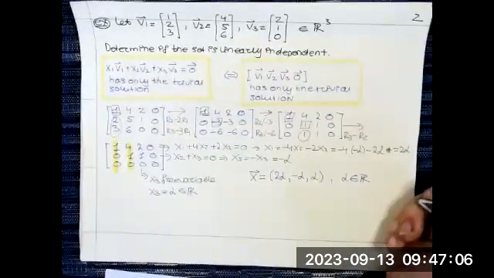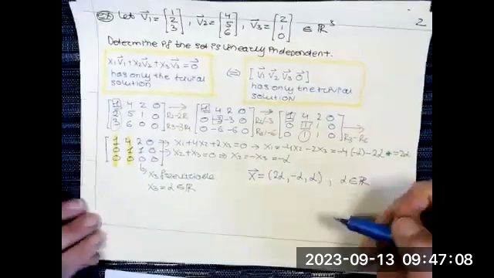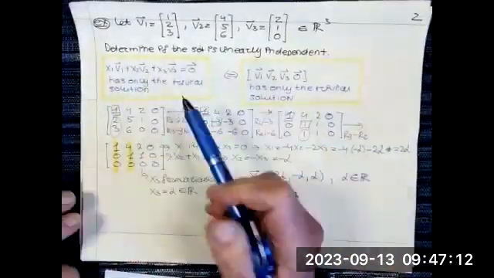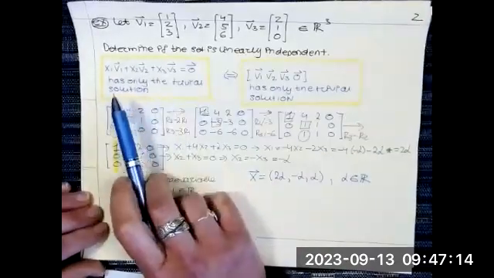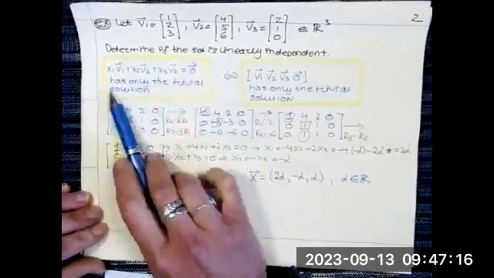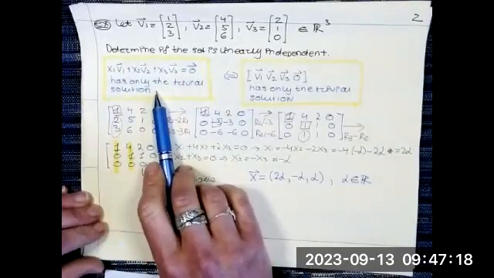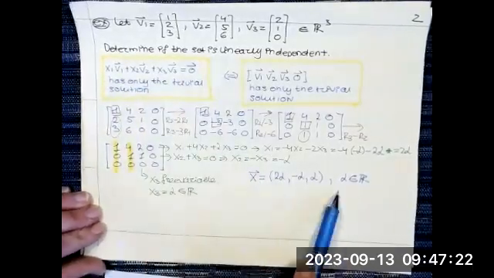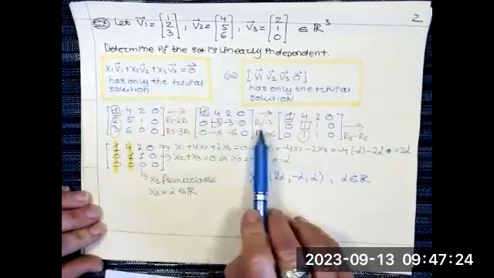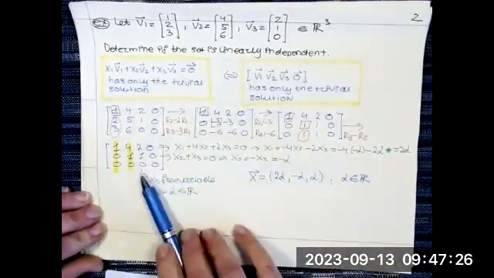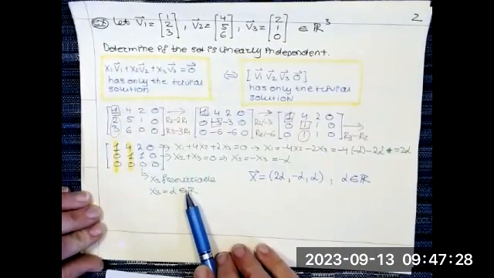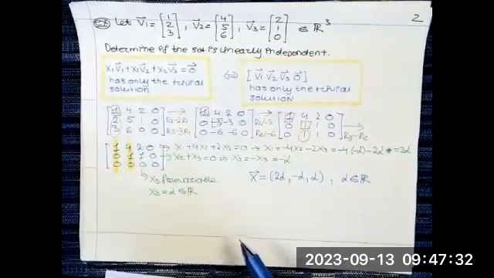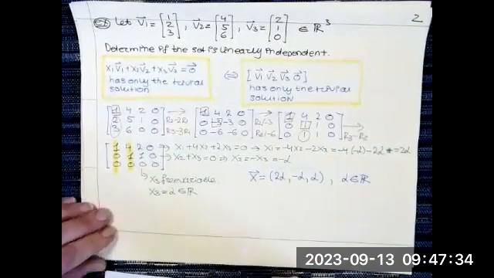Now if I want to go back to the question I was looking for an answer to: does this vector equation have only the trivial solution? No, it doesn't. It has infinitely many solutions because I didn't have a pivot in the third column, a free variable. So I don't just have the trivial solution, I have infinitely many solutions.